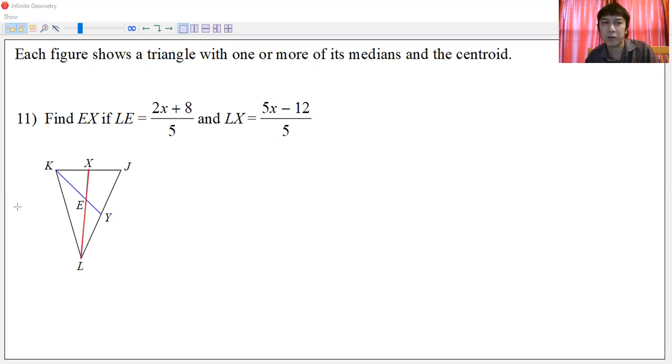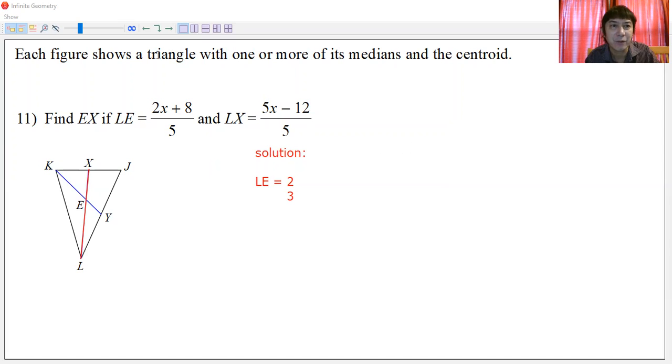And so we can relate the longer and the entire length. Here's the relation. Let's begin at the center. We have LE, this is the two parts of the three parts. So we can relate that LE is 2/3 of the entire length LX.